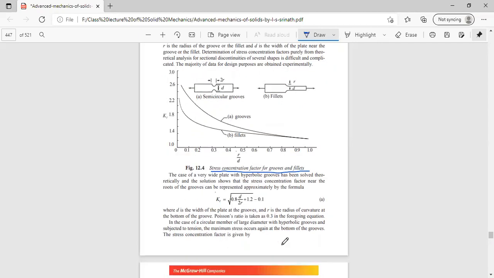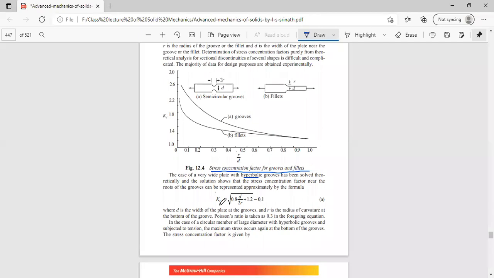Now, actually, it is not necessary that every such groove or fillet should be round or circular in nature. It can be hyperbolic in nature, because it is comparatively easier to make this type of groove during machining itself.